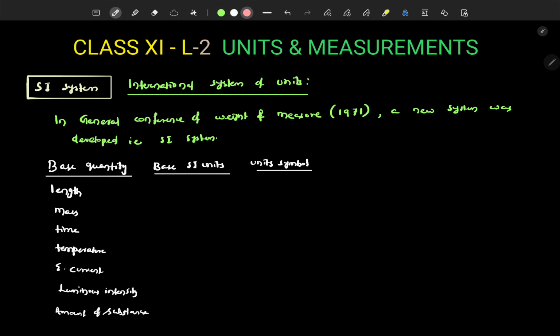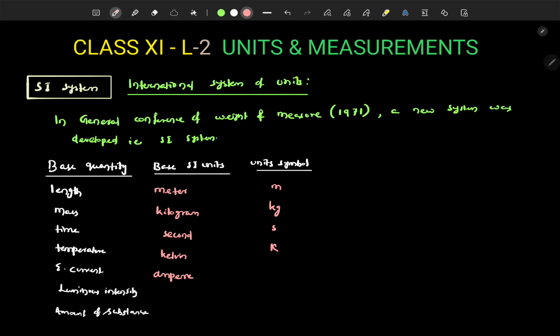Yes. And the SI units are: length SI unit is meter, then mass SI unit is kilogram, denoted by kg, here it is small m. Then time SI unit is second denoted by s, then temperature SI unit is Kelvin denoted by capital K. Next, electric current SI unit is ampere.